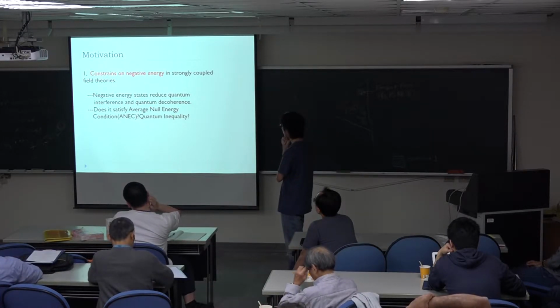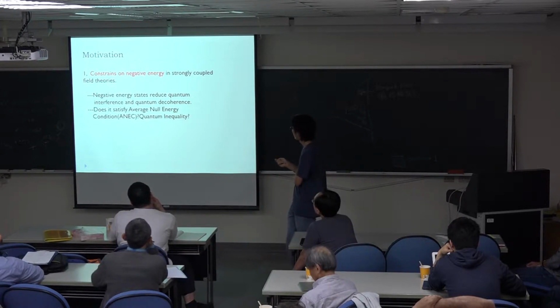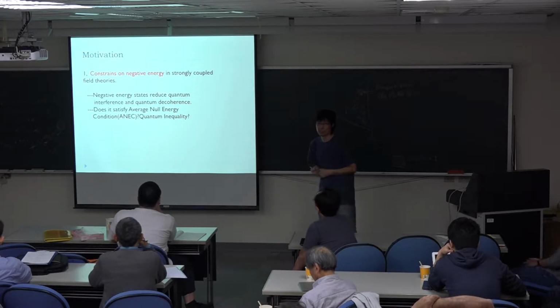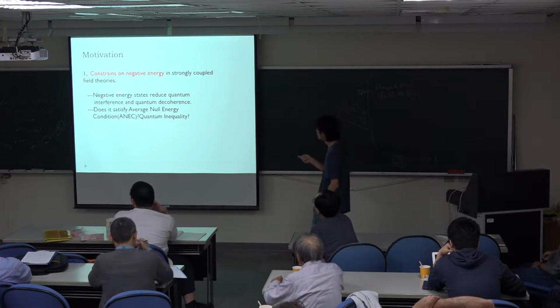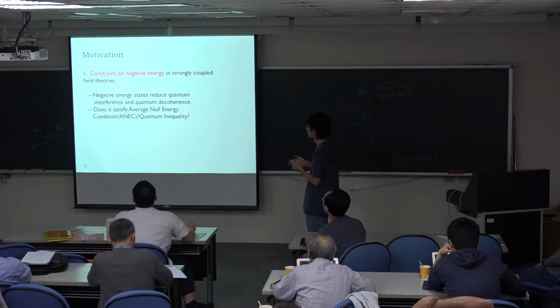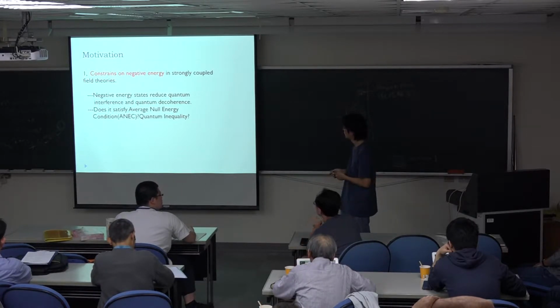This is interesting because usually people want more negative energy, since in a lot of experiments, people want to reduce quantum interference or to increase quantum coherence. However, there's no free lunch. If you want more negative energy, there is a bound on how much negative energy you can obtain from an arbitrary quantum state.